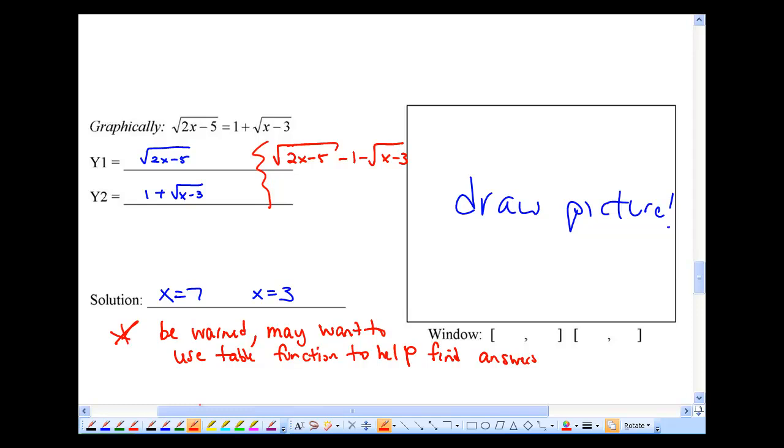And this is true especially if a solution is one of those starting values, or I'll say left endpoint values. Remember how we did left endpoint in section 2.1?